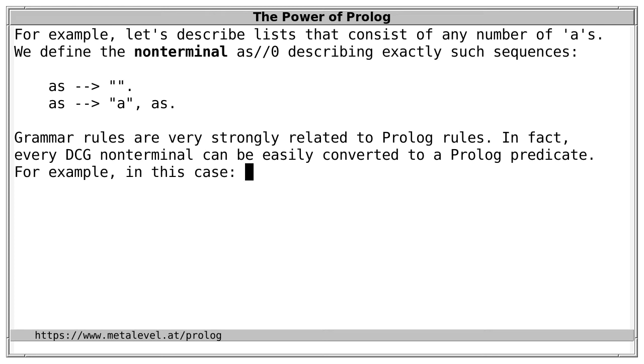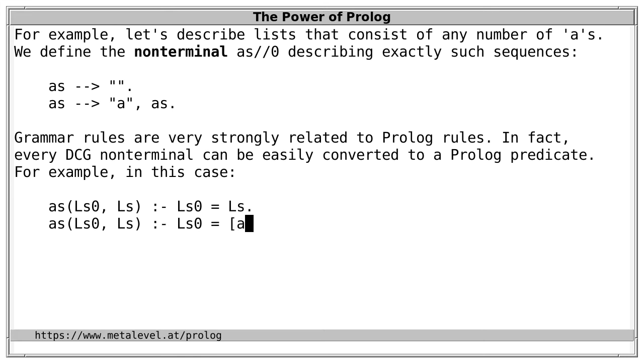For instance, in our specific case of the non-terminal A's, we can define a Prolog rule A's which holds for Ls0 and Ls if Ls0 and Ls are the same. And alternatively, it holds for Ls0 and Ls if Ls0 is a list that starts with the atom a and the tail is Ls1 and A's holds for Ls1 and Ls.